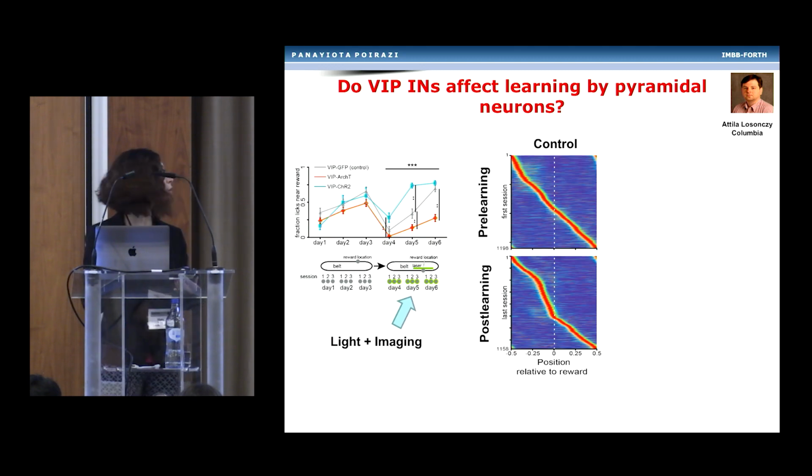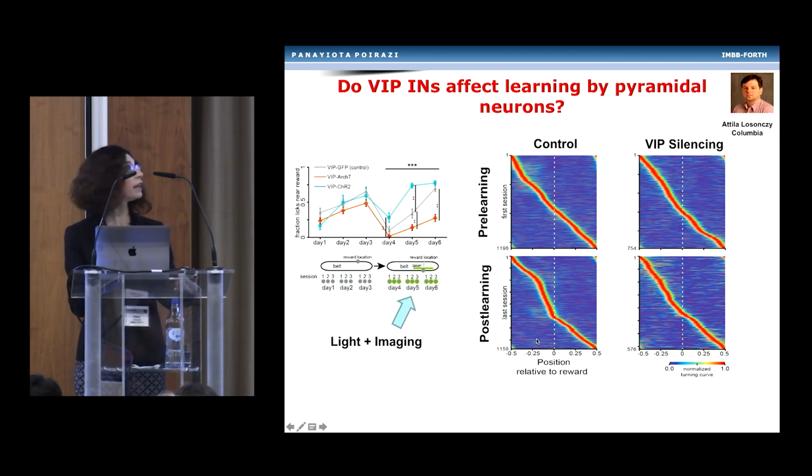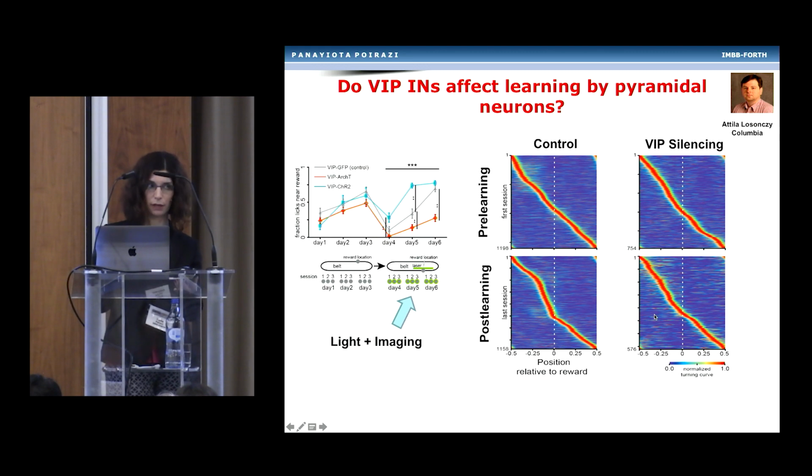And what they found out was that, to remind you from the previous slide, in the control case you have an overrepresentation of the reward location, and if you silence the VIP interneurons, this overrepresentation disappears, which means that the VIP cells are certainly contributing to the learning of the new reward location, but it is still unclear how they do it and which of the two subclasses is contributing.